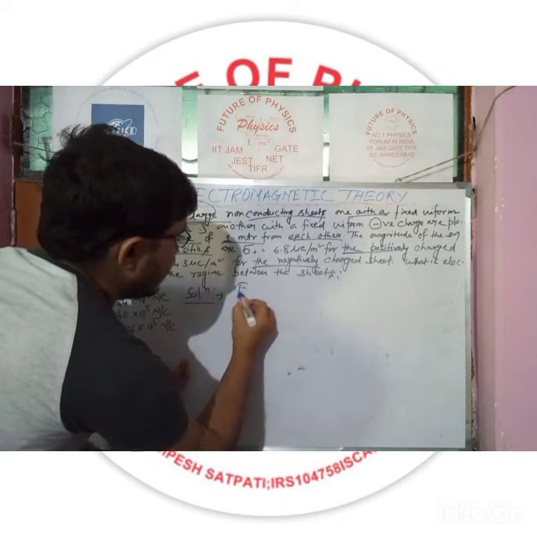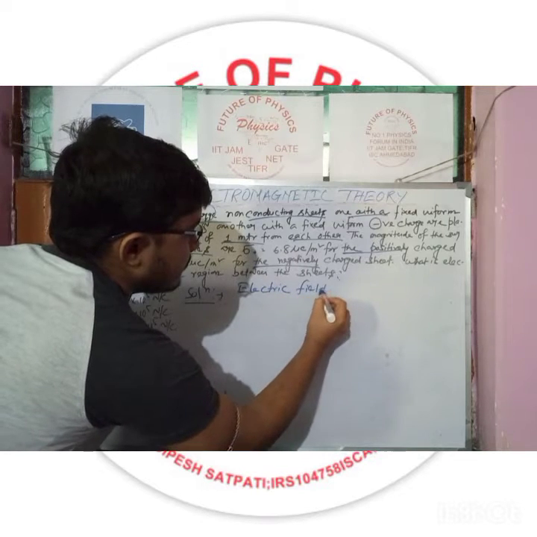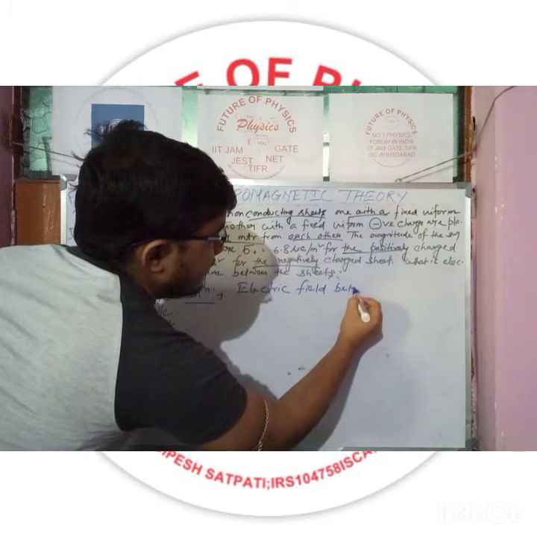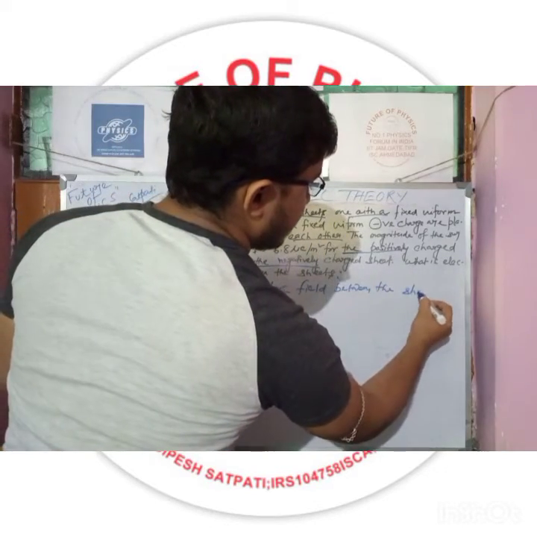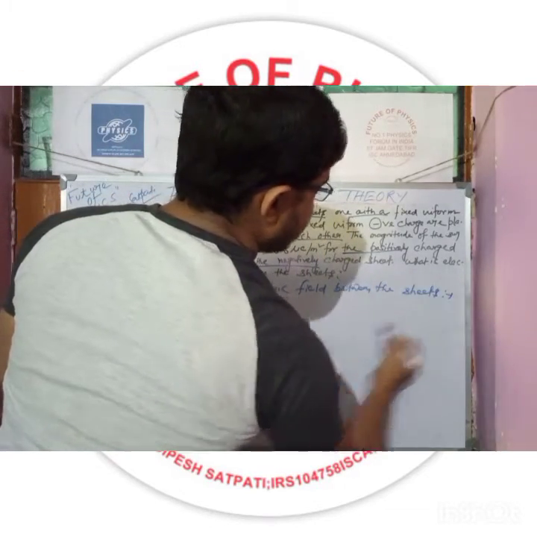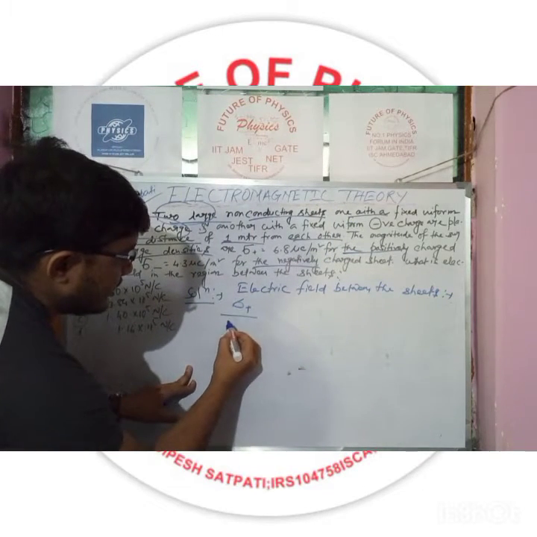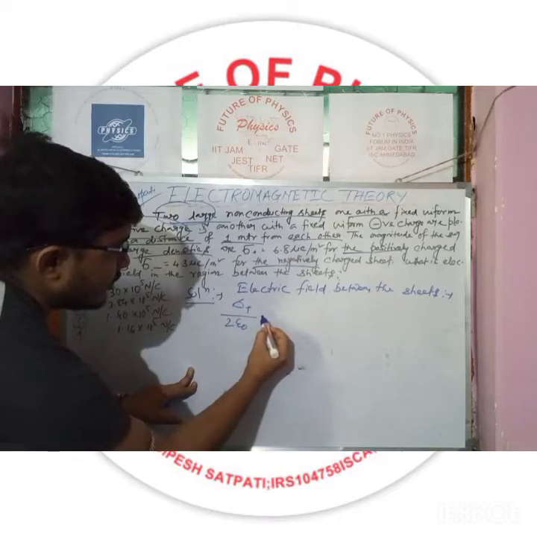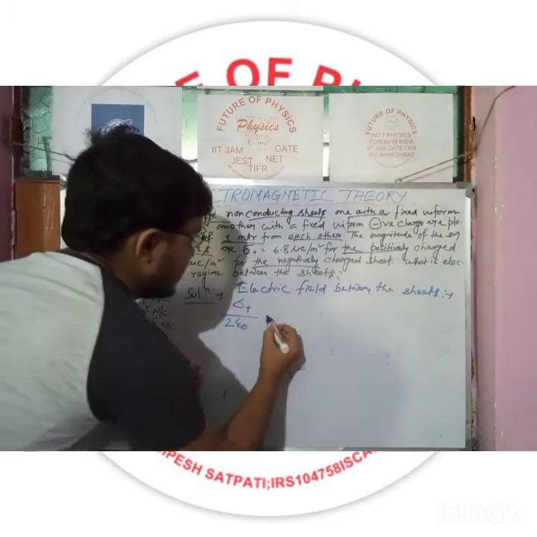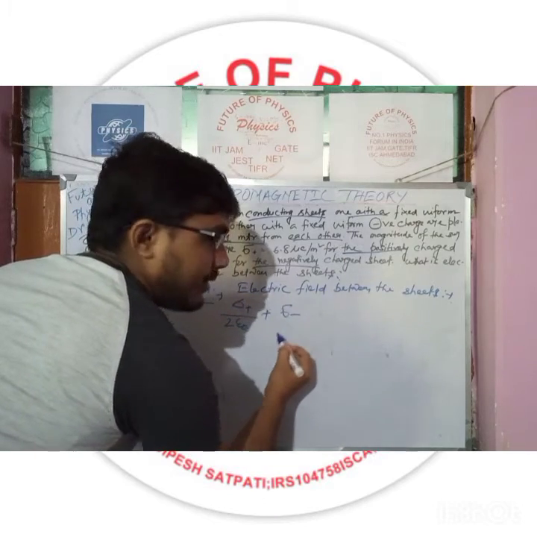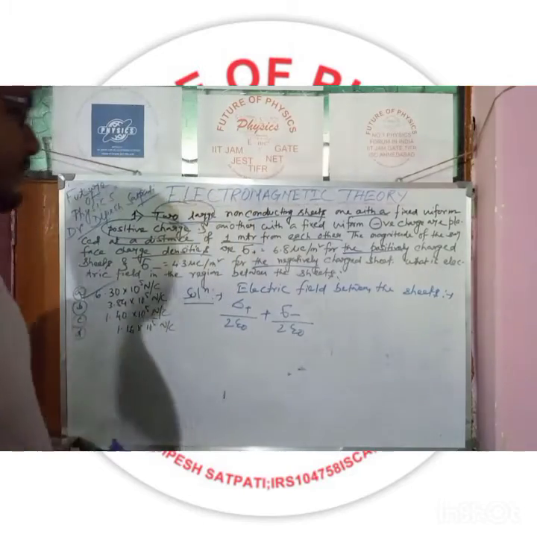Electric field between the sheets is sigma plus divided by 2 epsilon 0 plus sigma minus divided by 2 epsilon 0.